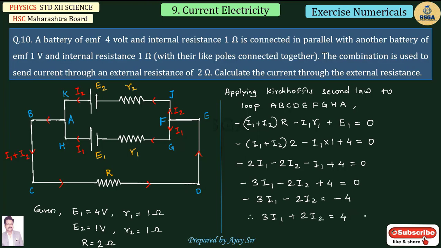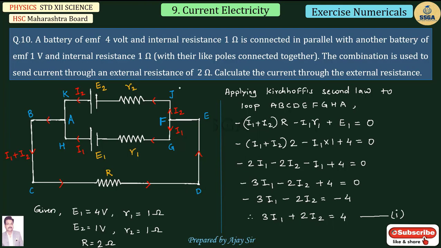Let us call this equation number 1. So this is one equation. To find I1 and I2 we need another equation like this. Then we can use the substitution method, cancel some terms, and get either I1 or I2.